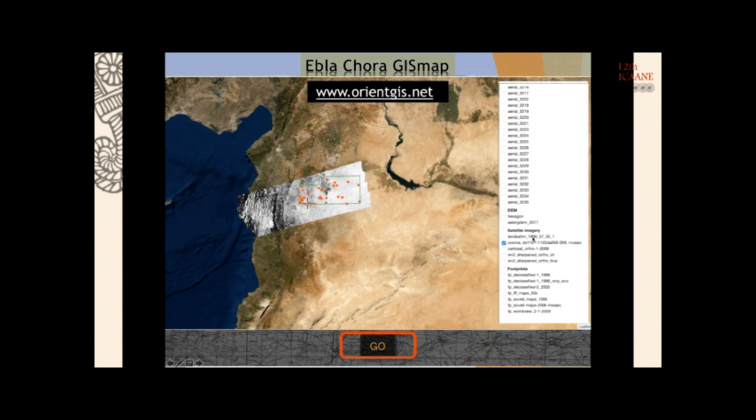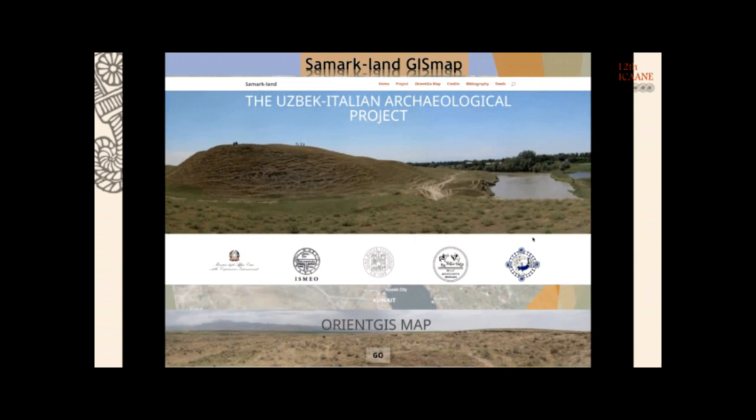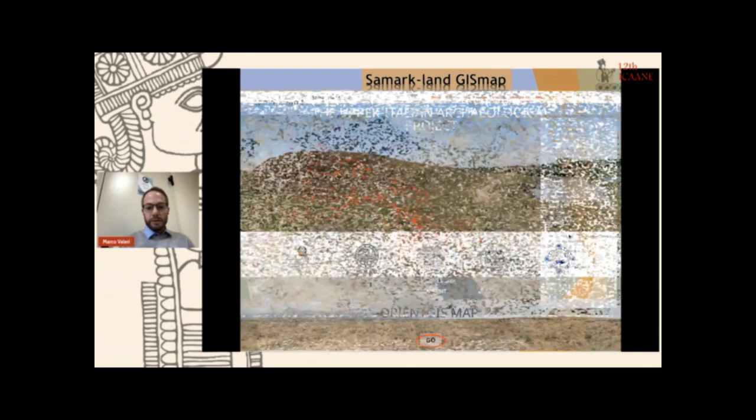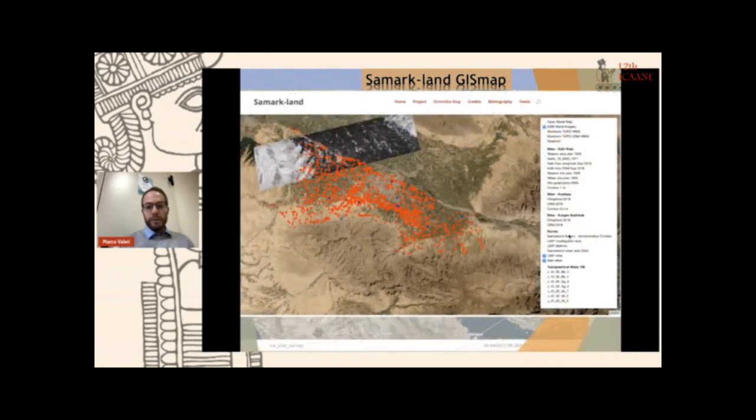A similar project is Samarkand, with basically the same structure. We took the points from the survey, put them in QGIS, and then exported the shapefile to GeoServer.